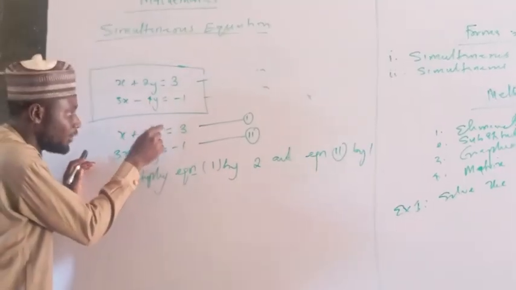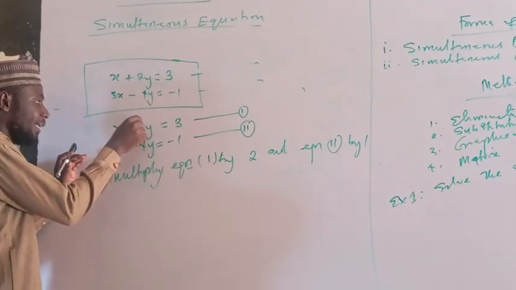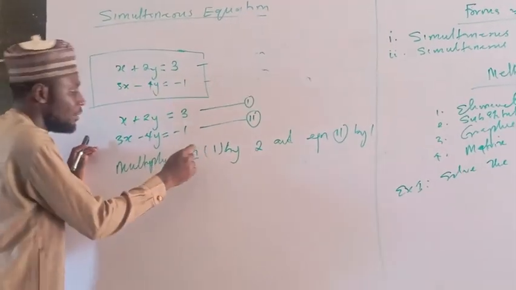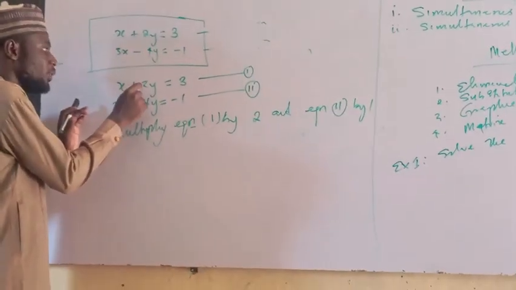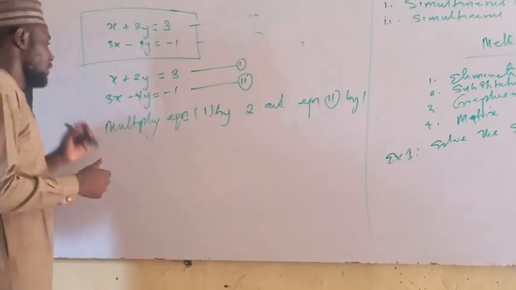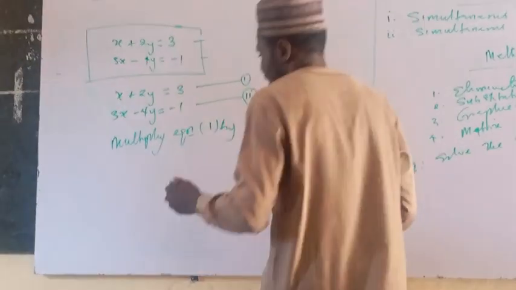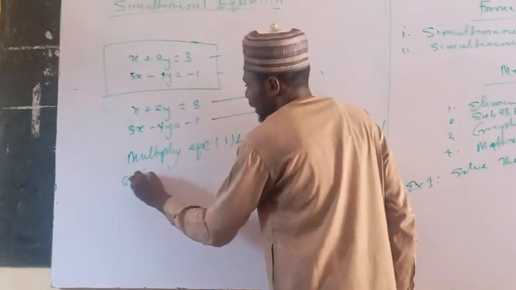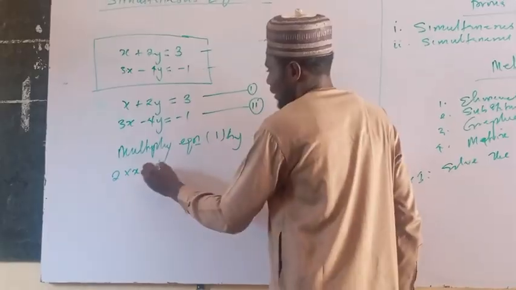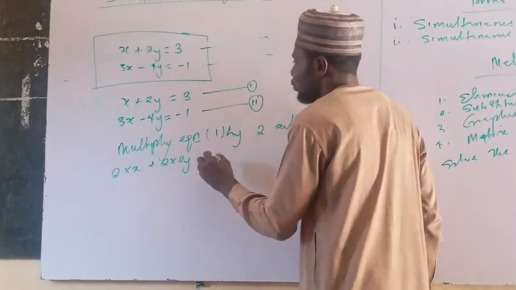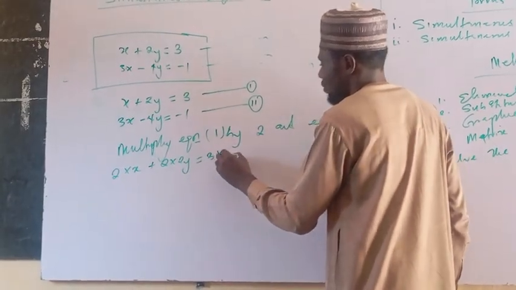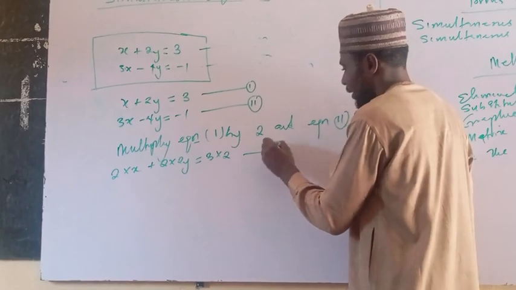Then equation 1 kuma ina son mai da y ya koma 2. Kun ga in na multiply equation 1 by 2 that means 2 times 2 wanda zai koma 4. So bari mu multiply na shi zai koma 2 times x plus 2 times 2y is equal to 3 times 2. What is equation 1?